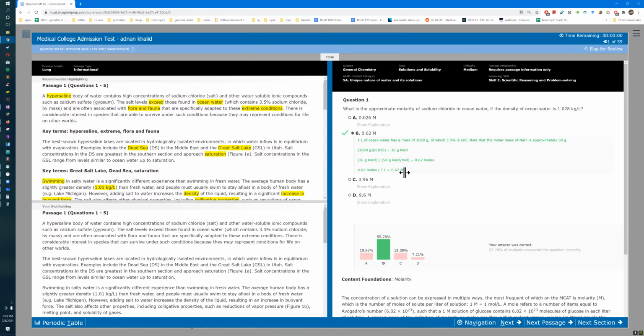And then you just divide it by the gram formula mass of sodium chloride, and you get 0.62 moles.